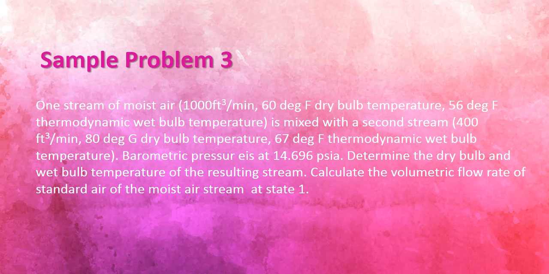The barometric condition is pretty much the standard. Determine the dry bulb and the wet bulb temperature of the resulting stream. You are also to calculate the volumetric flow rate of the standard air of the moist air stream at state 1.